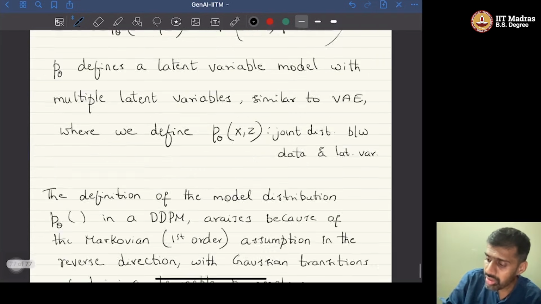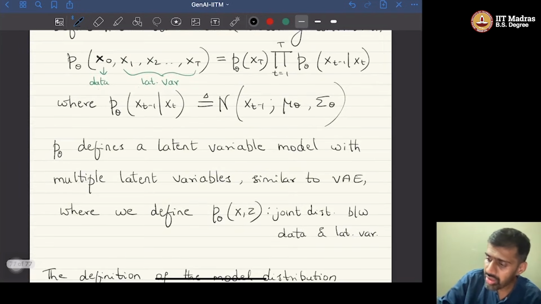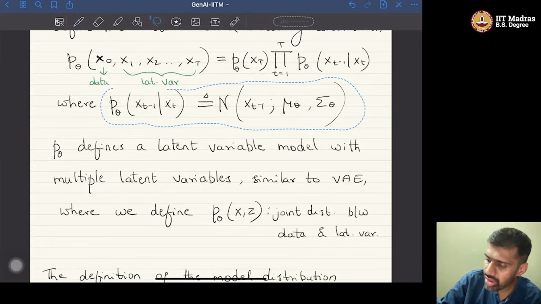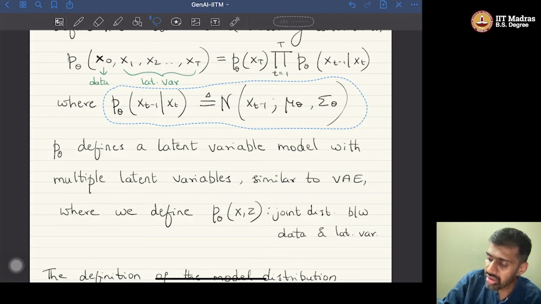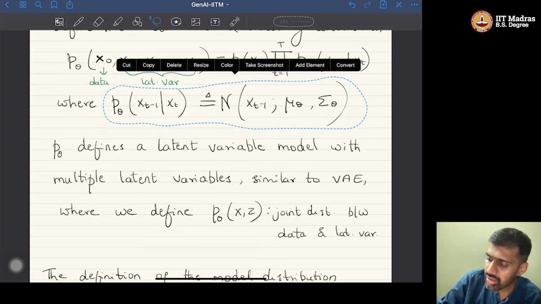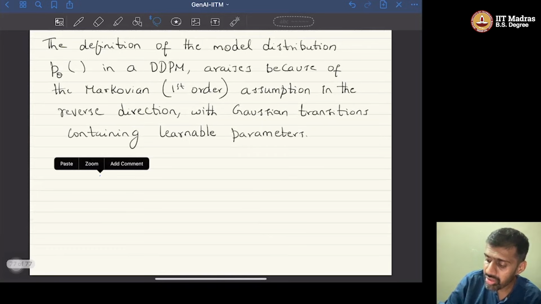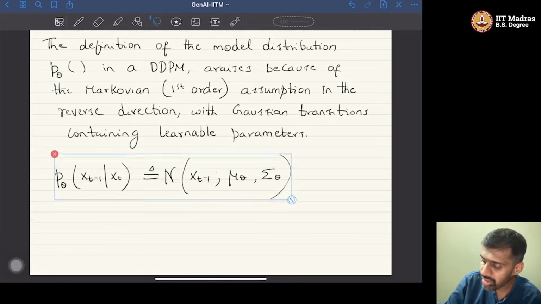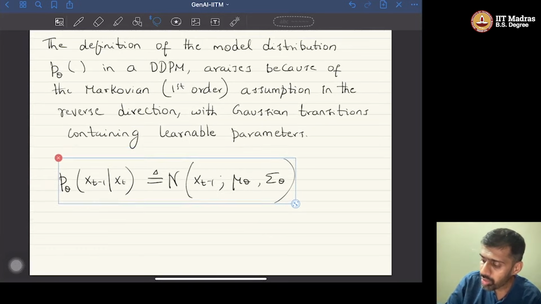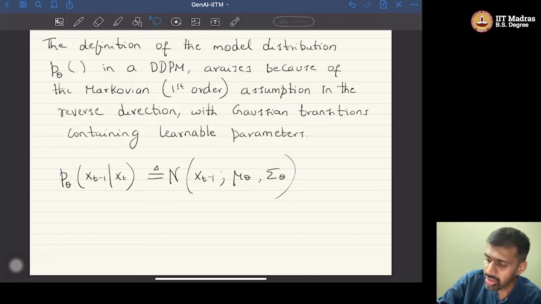Now these distributions, p theta of x t minus 1 given x t, are called the conditional reverse processes. We want to know these distributions.